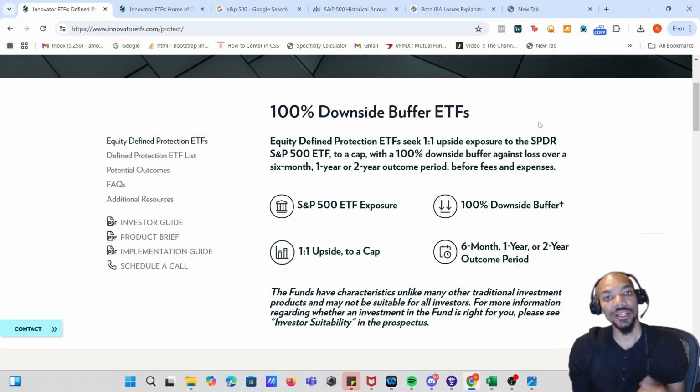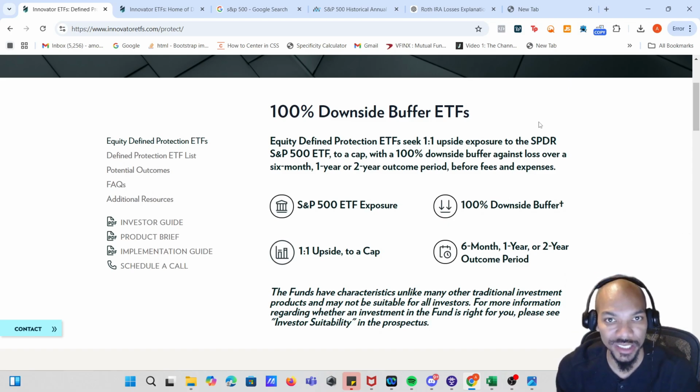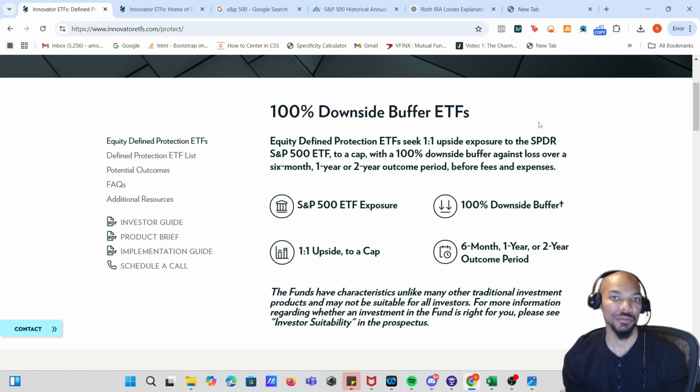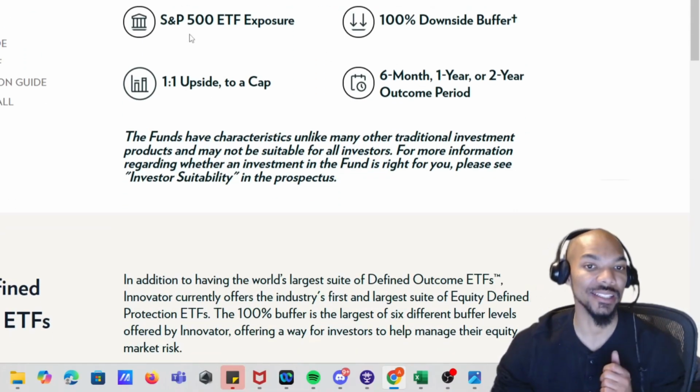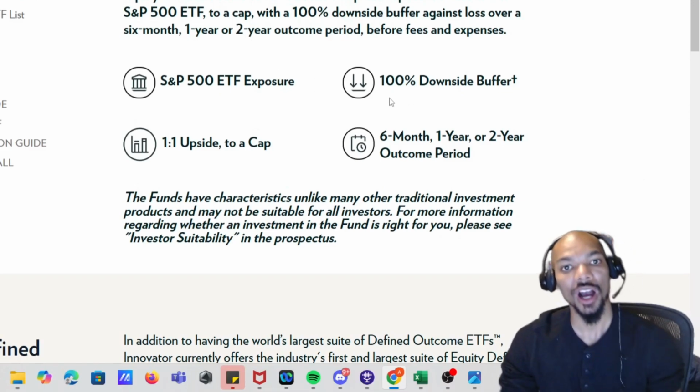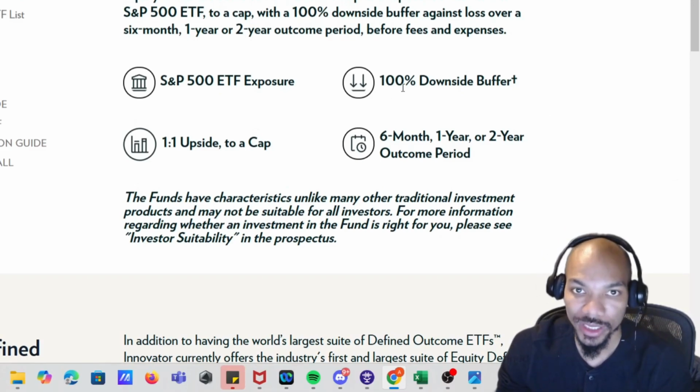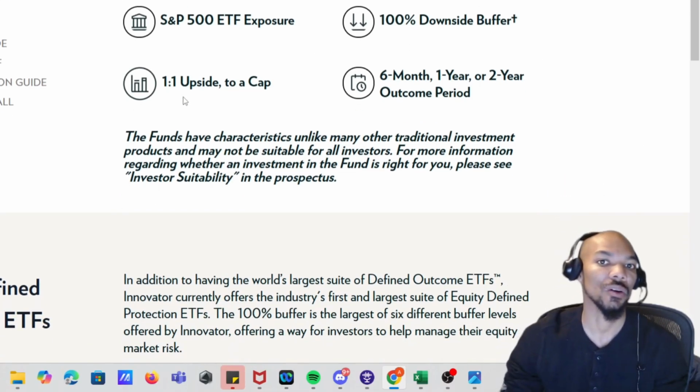So it says Equity Defined Protection ETF seeks one-to-one upside exposure to the S&P 500 ETF to a cap with 100%, that's right, 100% downside buffer against loss over a 6 month period, 1 year, or 2 year outcome before fees and expenses.